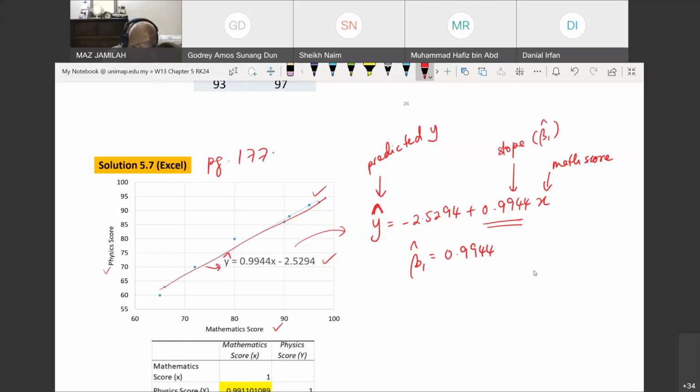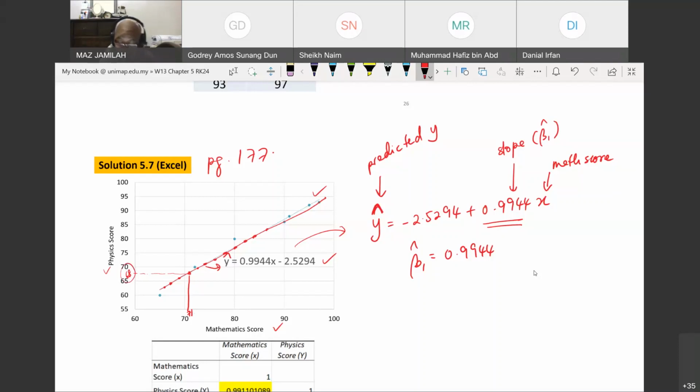The whole point here is referring to all the predicted values. Why? Because using my x here, for example this 71, I can find my predicted y value. That would be this value, so I would say this could be 68. If she got 71 in mathematics 4, what would be the predicted physics 4? It would be 68. So that's how we use the predicted line.